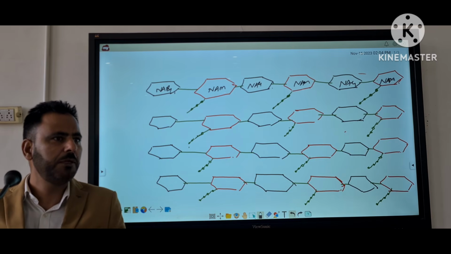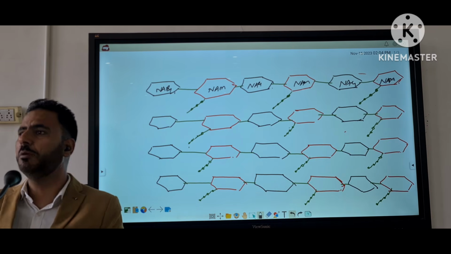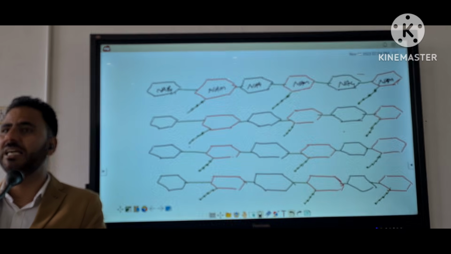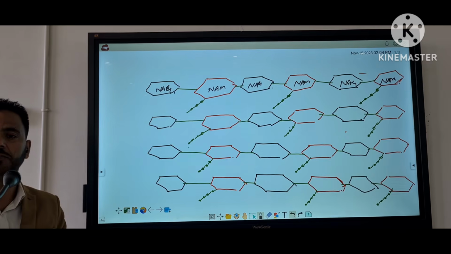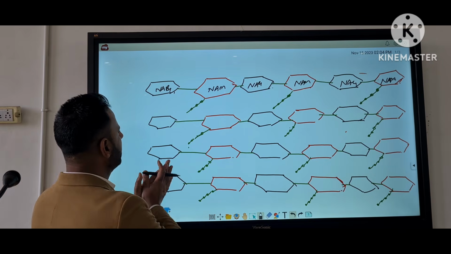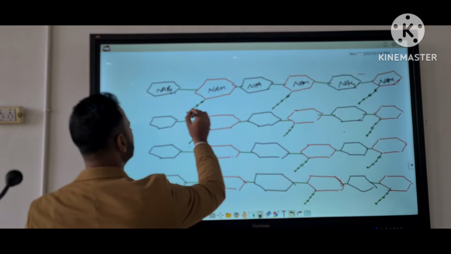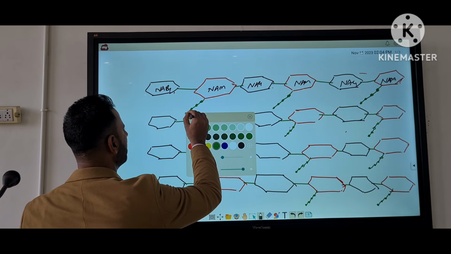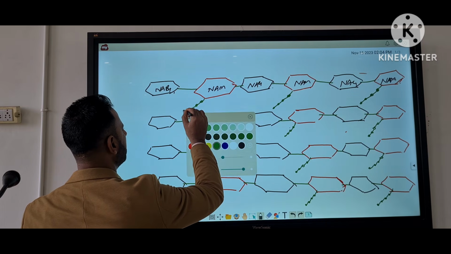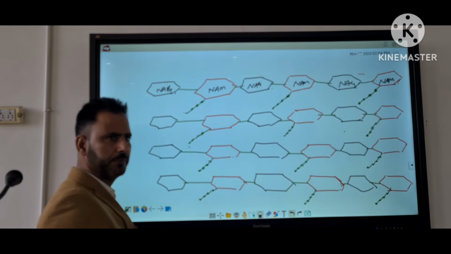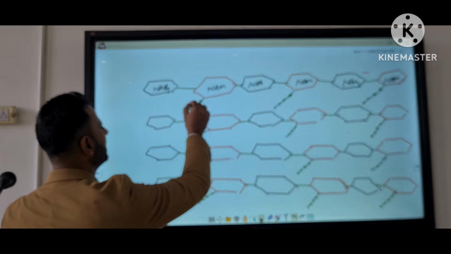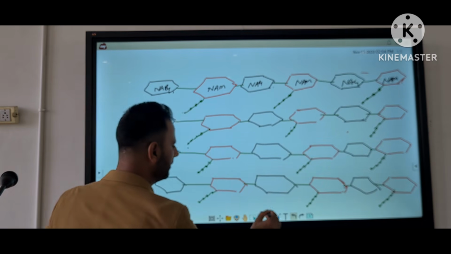A bridge is connected between the two, and the name of the bridge is what? Pentaglycine interbridge, connecting one peptide with the other. Like, let us suppose this is 1, 2, and 3rd and 4th amino acid. This is the 4th amino acid. This is the 3rd amino acid.